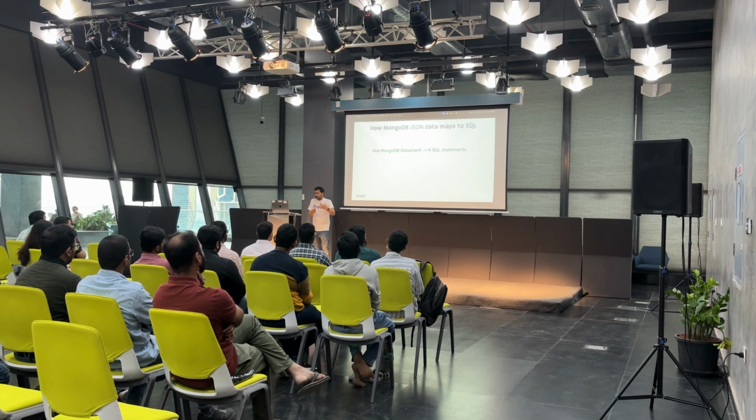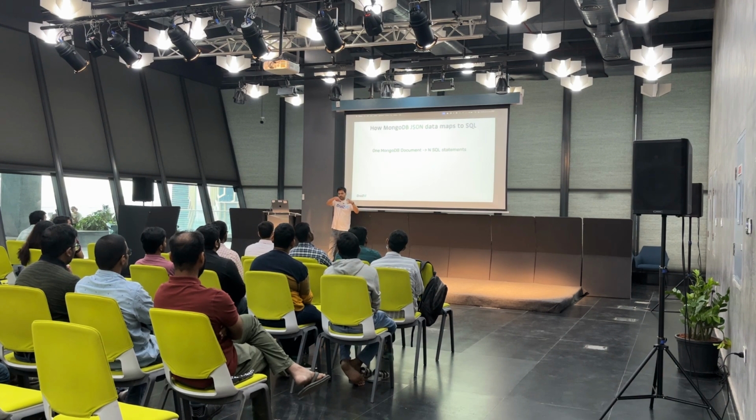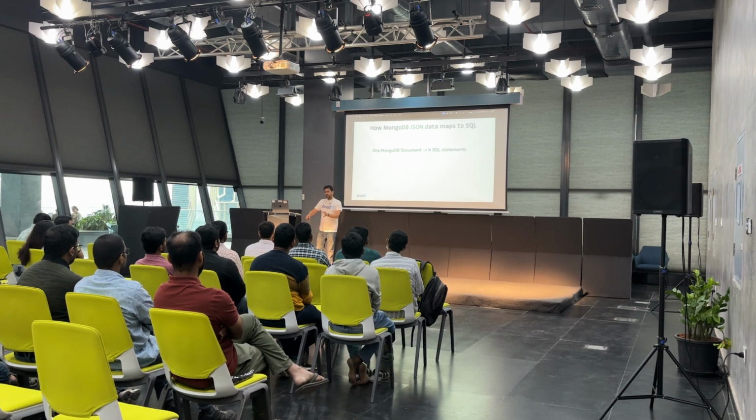So what we just saw is that one student doc in Mongo maps to almost like n SQL insert statements, right? 1 in the main table, 2 in the sub table, and 1 more in the other sub table. And there could be many such sub-nested structures, multiple sub-fields and whatnot.